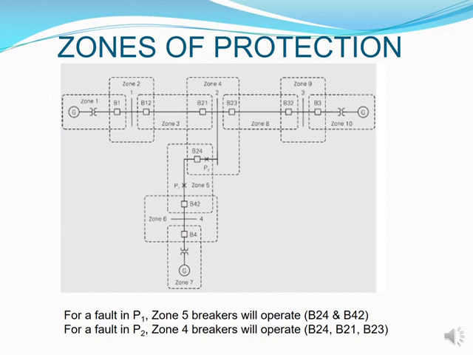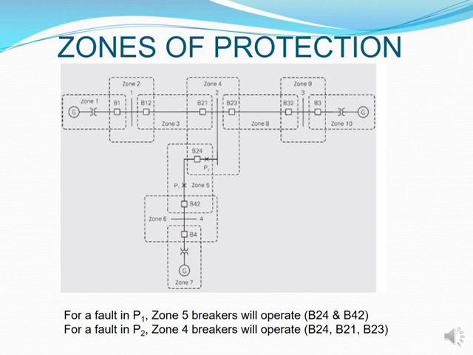But if you had a fault at P2, then you are sitting at a different zone because it's zone 4, and you expect all the breakers of zone 4 to open up to isolate that fault. So that means it will be the same B24, but now together with B21 and B23, and that is how the zones of protection work.